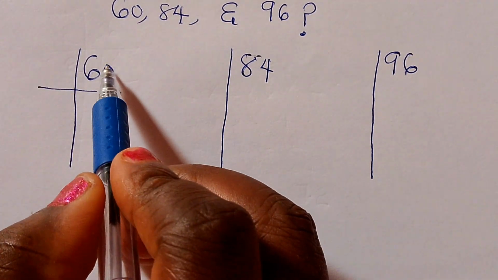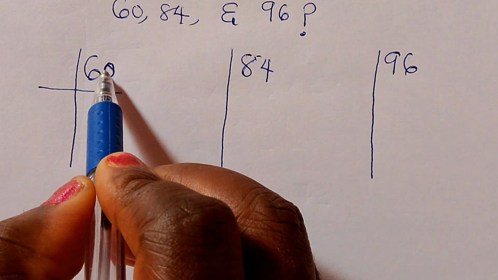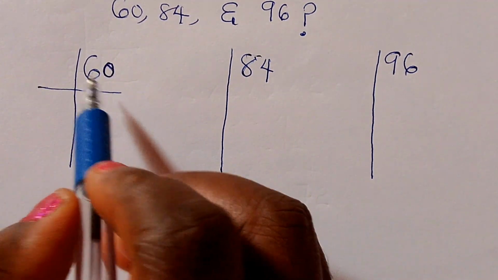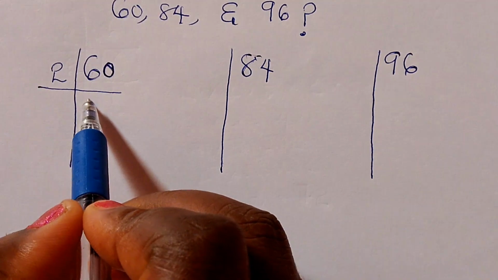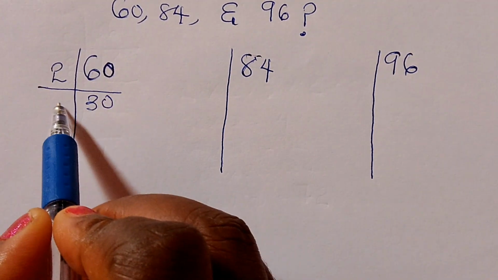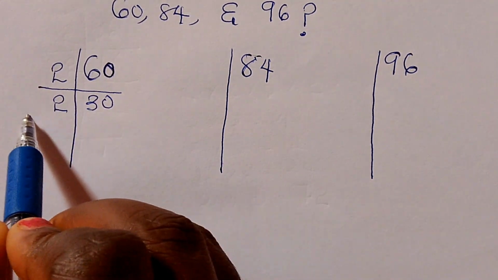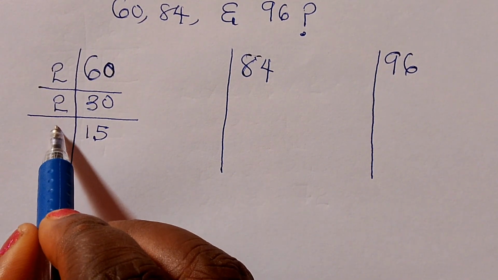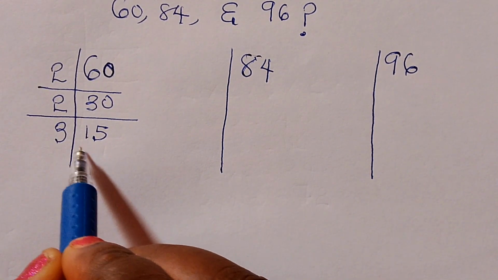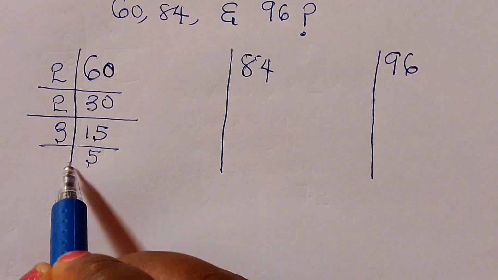Because we have 0 here, 2 can divide 60 without a remainder. So 2 into 60 is going to give us 30. Then we go again, 2 into 30 is going to give us 15. 3 can go. 3 into 15 is going to give us 5.